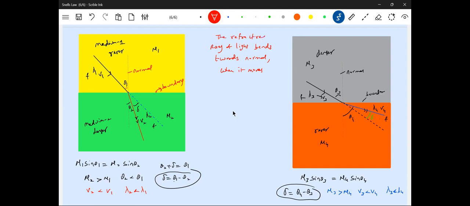The refracted ray bends towards the normal when it moves from rare to denser.